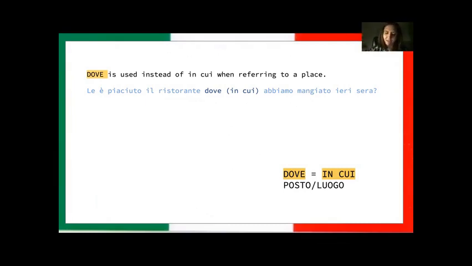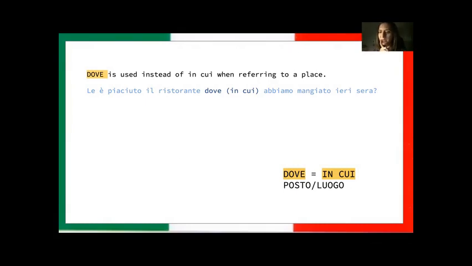So Matthew, could you please read for me the sentence and translate it? Okay, very good, Matthew. Thank you very much. So, le è piaciuto il ristorante dove o in cui abbiamo mangiato ieri sera? Why are we using dove in this case? Why are we using this relative pronoun?